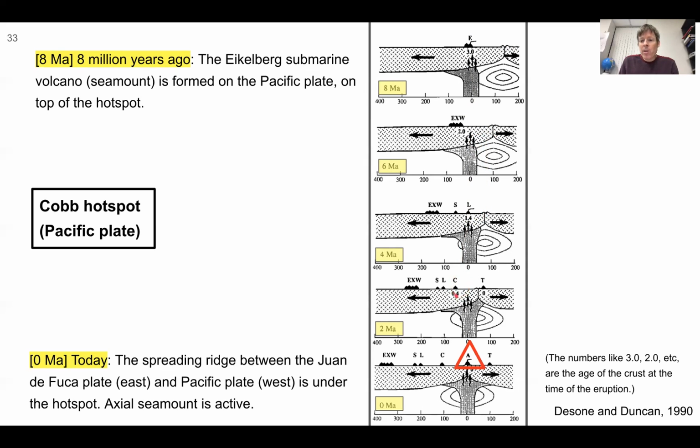And here a couple million years ago, we can see that the Cobb hotspot seamount had been formed. And today we see that the axial seamount and the ridge are aligned. So we get an idea that as the authors have drawn this sketch, the reference frame is the hotspot reference frame. The hotspot in every panel is fixed, and the ridge and these seamounts are moving on top of them.